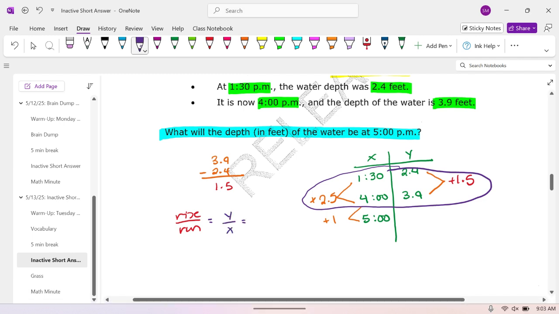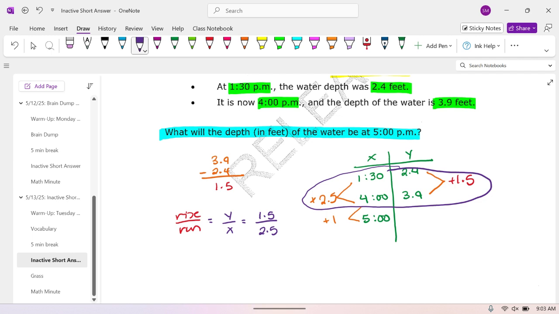So what's my rate of change in y? What's my difference in the y's? 1.5. What's my difference in the x's? 2.5.